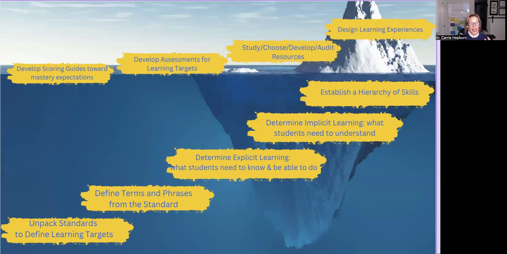Well, one of the things we will do, in order to ensure our alignment, making sure our instruction matches our state expectations, is use all of this information down here to develop scoring guides that are towards the mastery expectations of the standards. Then develop assessments, ensuring that students are evaluated on the right skills.